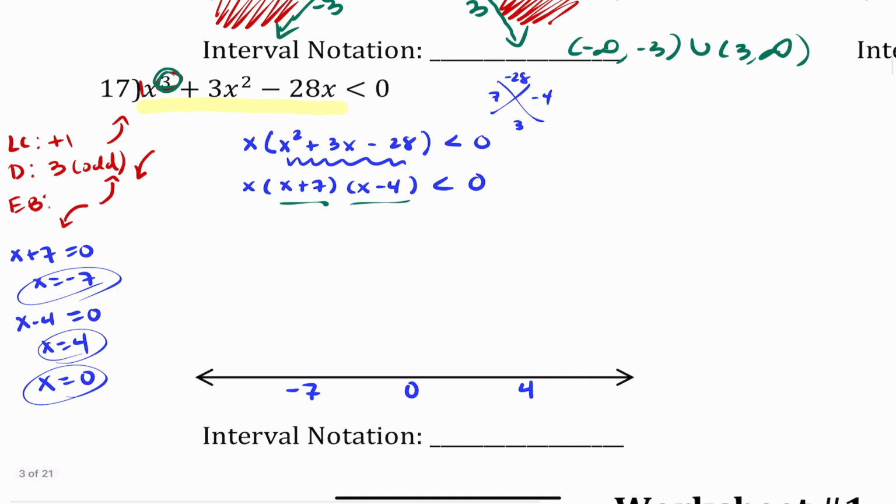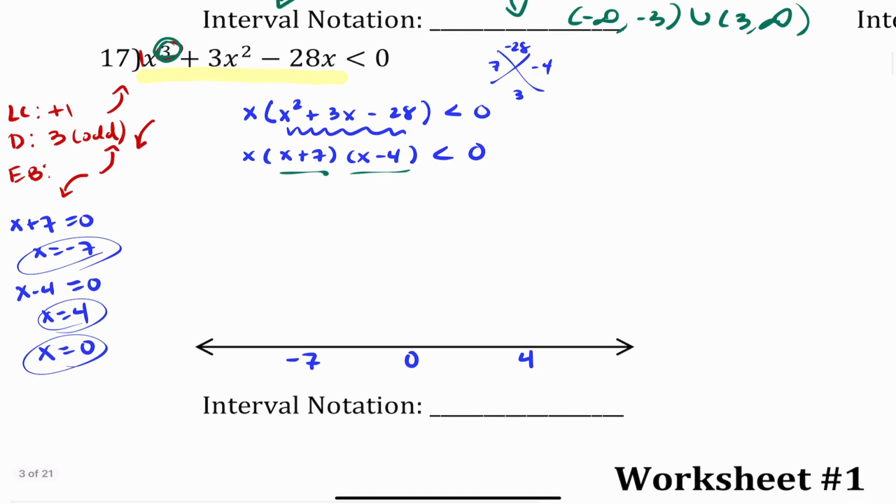We have a less than symbol, so that means all of these critical points should have an open dot. We're going to start on the top right, and then we're going to proceed with the wave. So looking at 4, that's a single root. So I am going to cross. And then here I'm going to approach 0.